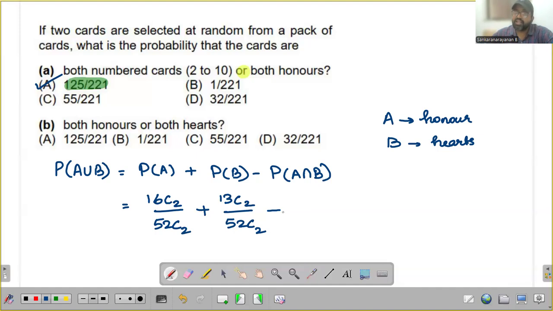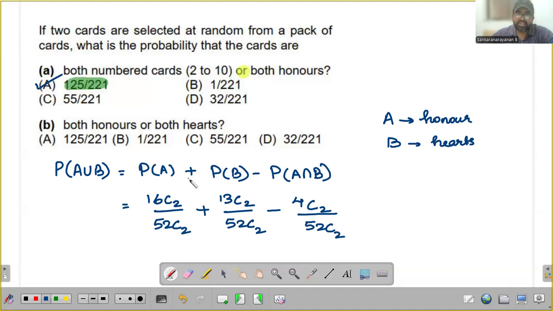In the hearts, there are 4 honor cards, right? So exclude that. That is, it is honors and hearts: ace, king, queen, jack of hearts. That you have to exclude. So that will be minus 4C2 divided by 52C2.